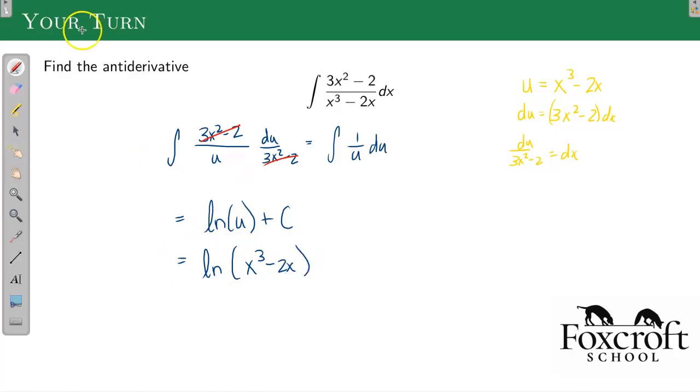And again, we're going to put absolute values around this because we can only plug positive numbers into the natural log. All right, so because now we can take the antiderivative of just 1 over a value, a lot of times choosing that bottom value to be your u value is going to get you down to a natural log answer for your antiderivative.